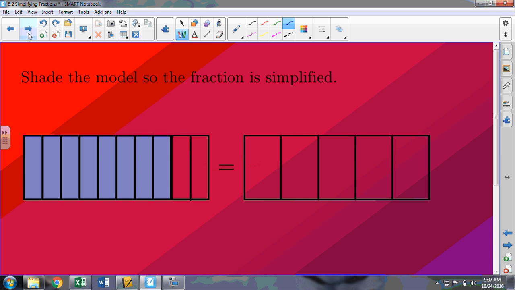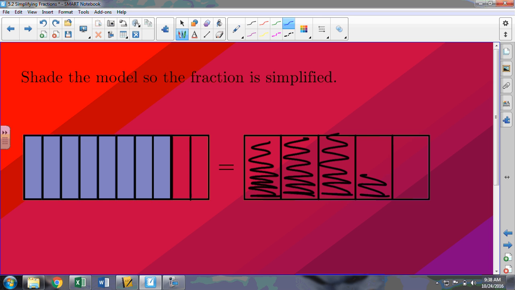What about here? If you're going to shade them in, how many of the boxes need to be colored? Well, a lot of times people can just quickly visually see that it's going to be 4. If you can get this visually rapidly, that's great.